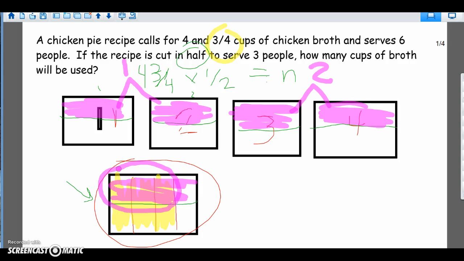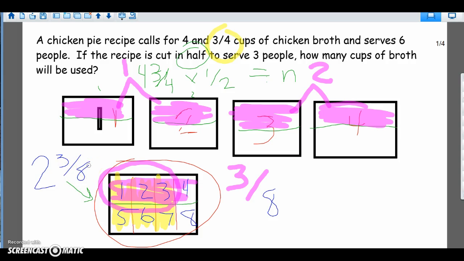So when we consider how many parts I have that are gridded in by both models, I only have 3 parts out of 1, 2, 3, 4, 5, 6, 7, 8 out of 8. All right, so using my model, I'm getting my complete answer to be 2 3/8.